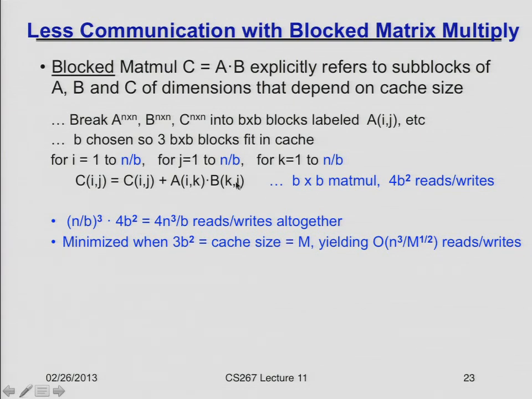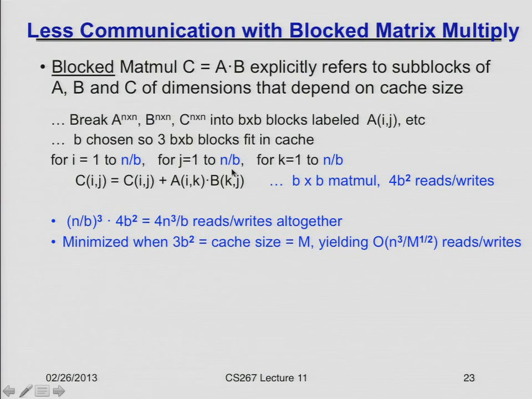That's a b by b times a b by b matrix multiply. And so if I count it all correctly, this is going to cost me b squared reads for each of these 3 matrices, b squared writes for that one, so b squared reads and writes all together. And I'm doing that n over b cubed times, and all together, the number of reads and writes goes down by a factor of b. So the bigger the b, the better.